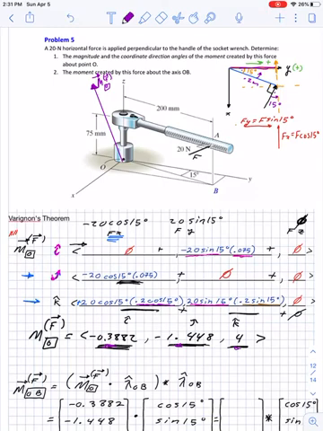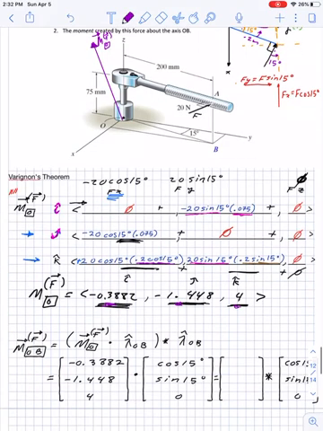And to find the coordinate direction angles of the moment created, that's really easy to find. Once you have that force, we have all the components right here. It's real easy to find the angles.